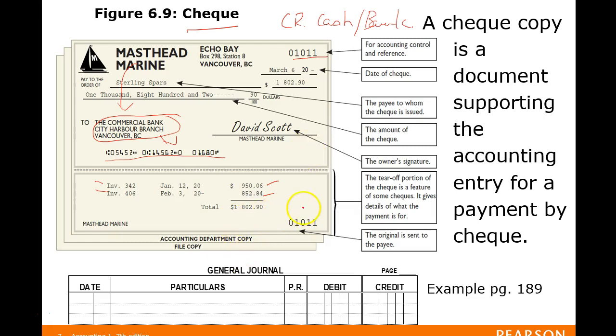We're going to have our accounting department copy and our file copy, and we're going to cut this line off and mail this check to Sterling Spars. So when we pay off Sterling Spars, what's going to be our accounting entry? Remember, you're always going to credit bank or cash. Okay?